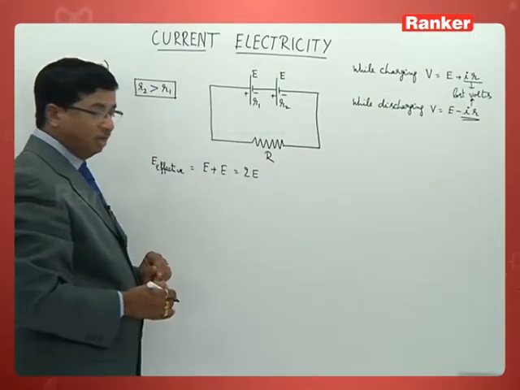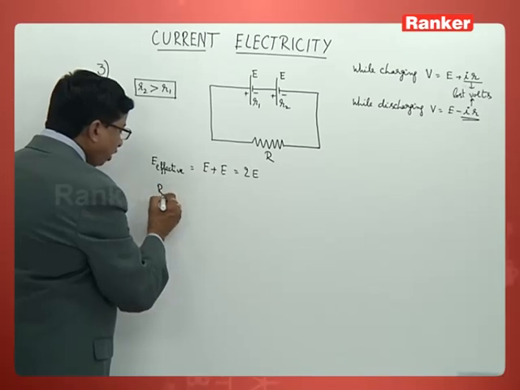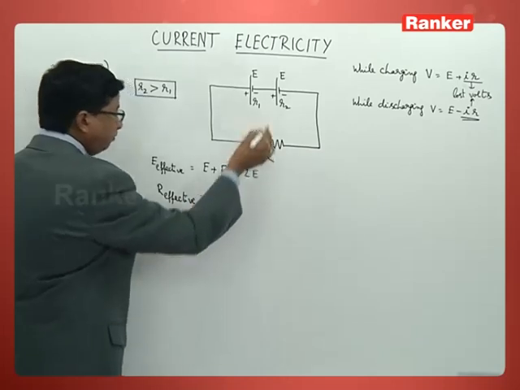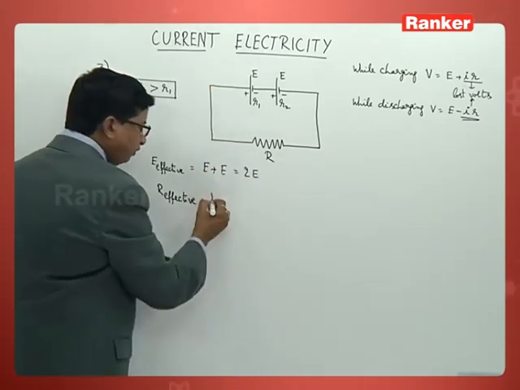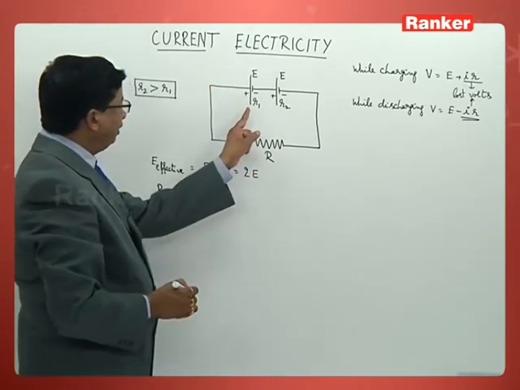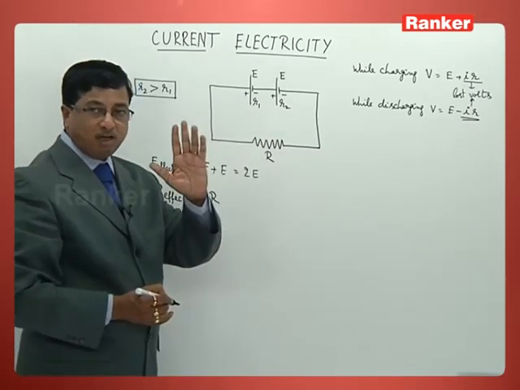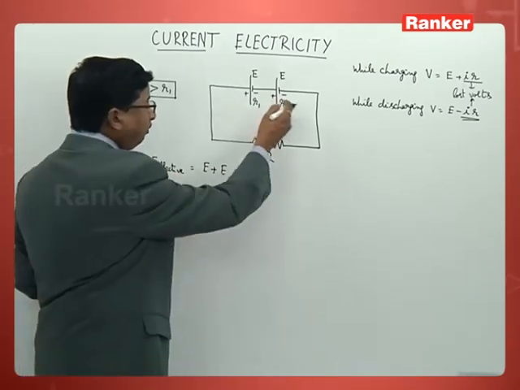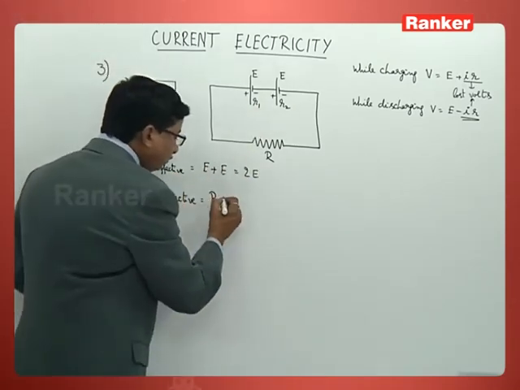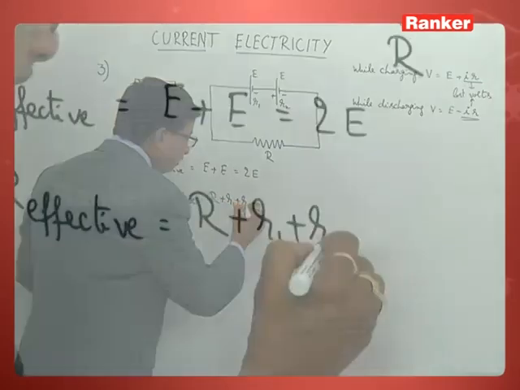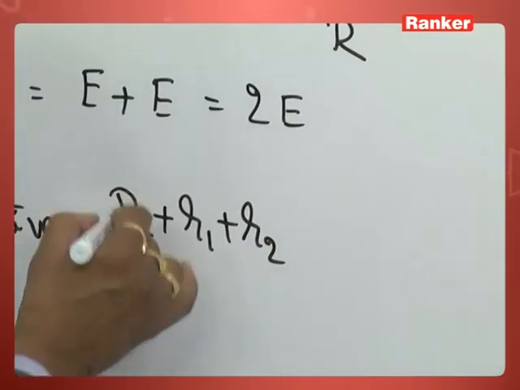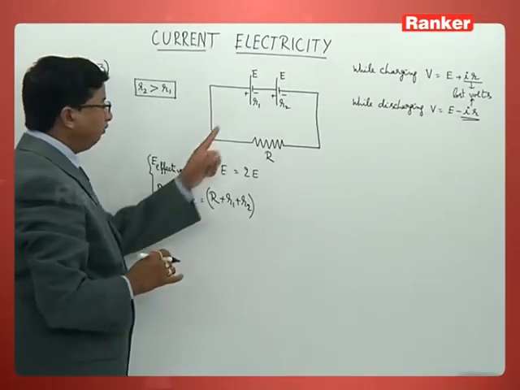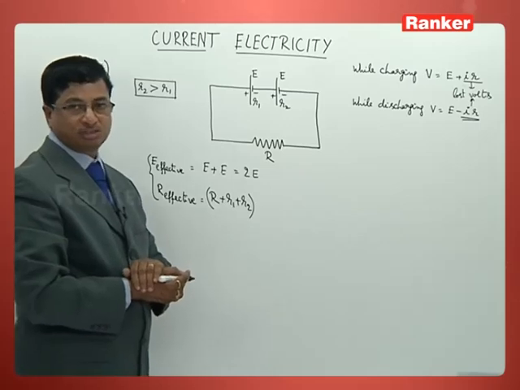Secondly, what will now be the effective resistance in the system? There is one external resistance R and two internal resistances, one is R1 and one is R2. They are also to be added up, that is R plus R1 plus R2, which gives the total or effective resistance in the circuit.